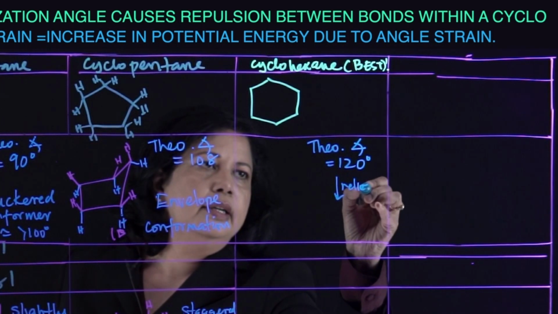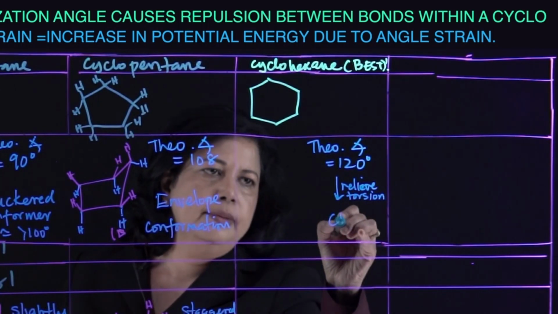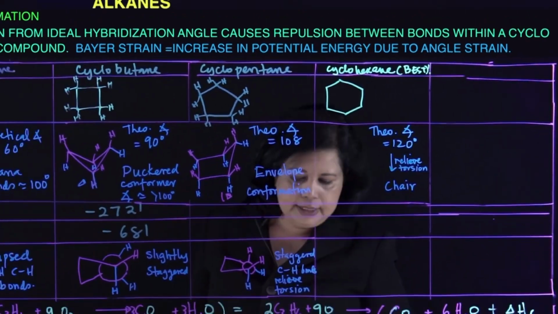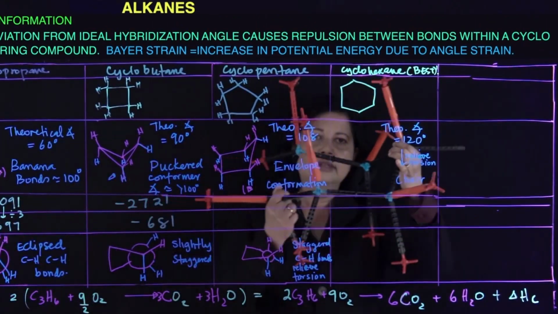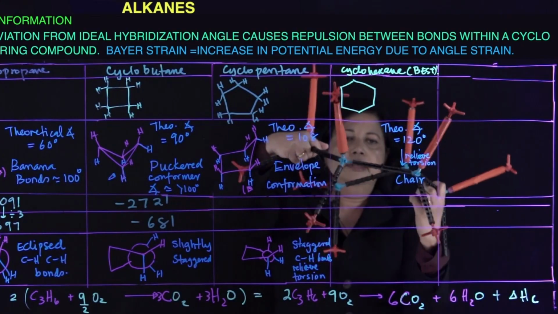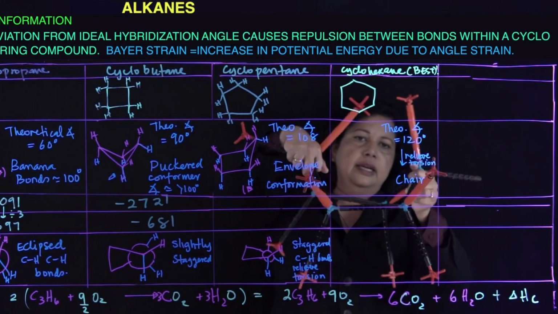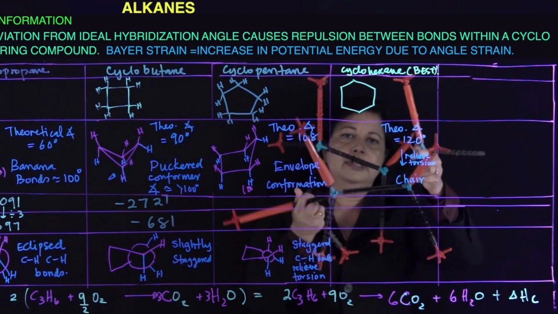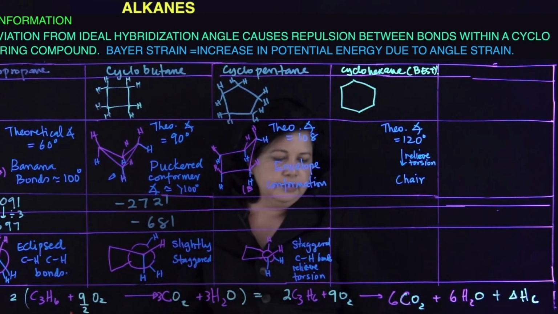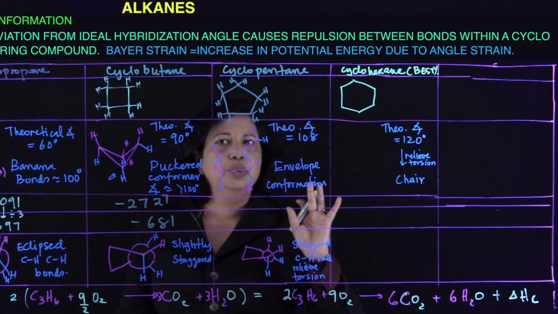Relief, relief, torsion, it goes into a chair. All right, does it get stuck on this chair? Not really. It gets up and then goes to the other chair. And then goes to this chair and goes back and forth, back and forth. So there's a lot of conformations possible, and the best are the two chairs.